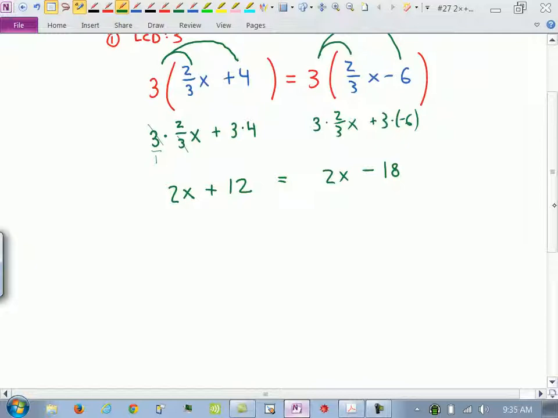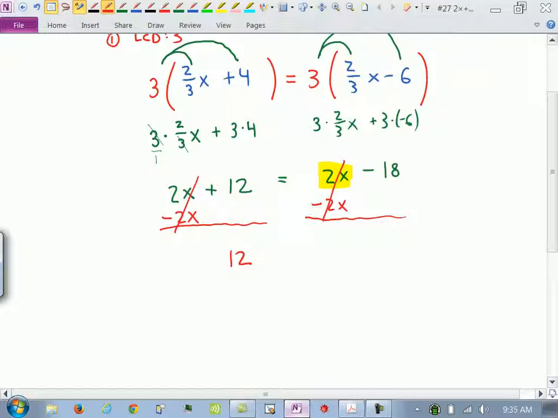So I think I'm just going to go with the left side. I'm going to try and get all my x's to the left side, which means I need to get rid of the 2x on the right. How do I get rid of a 2x on the right here? Subtract it, right? So I'm going to subtract 2x. Whatever I do to the right side, I must do to the left side, right? On the right side, the 2x's cancel, and then on the left side, the 2x's cancel also. Which means the only thing left on the left side is what?